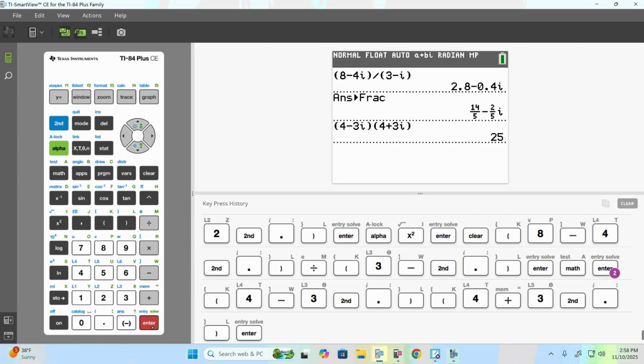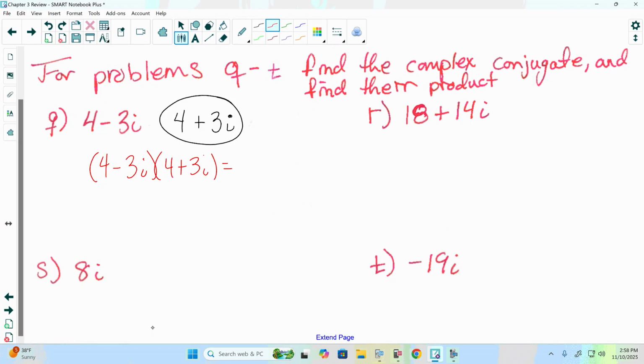And when we multiply these two together, we get 25. When we multiply complex conjugates together, we should just get a number. The i term should cancel out completely. Questions on this here? Questions on anything so far?